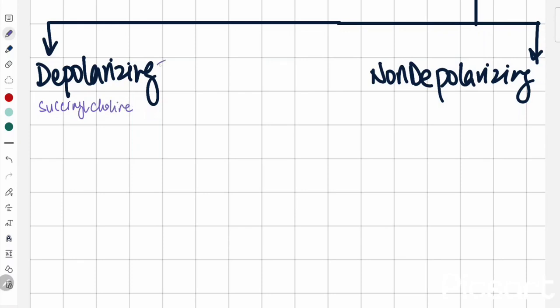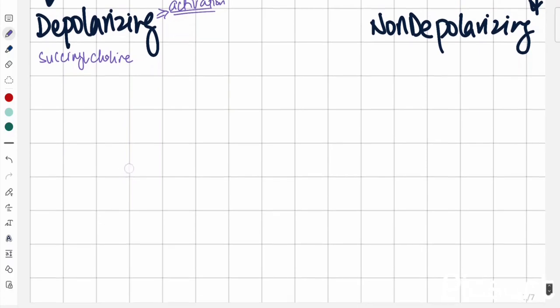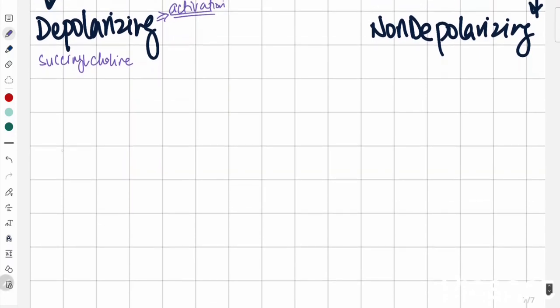I want you guys to remember that depolarization means activation. So this might seem paradoxical at first, but I'm going to explain to you how this is not paradoxical at all. So look at this. This is our postsynaptic nerve terminal, and this is our ACh receptor.